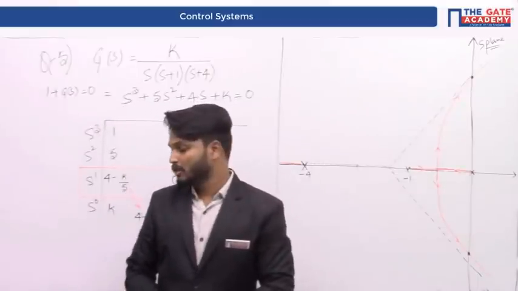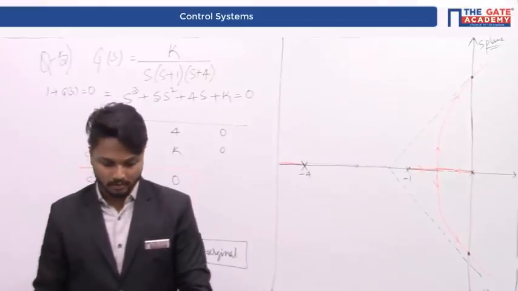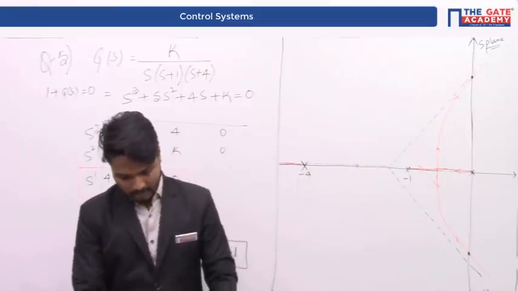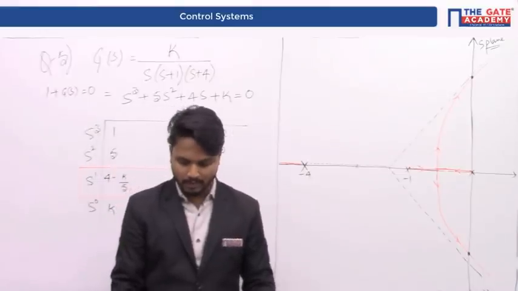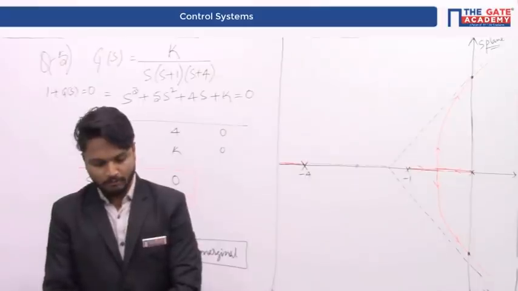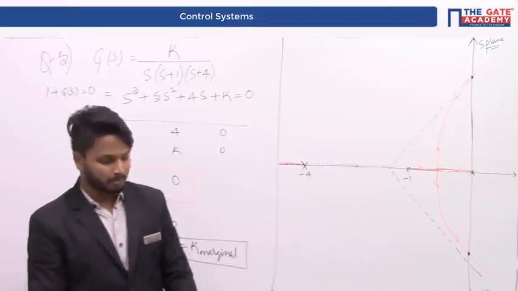So let's look into the second sub question of the given question. That is, if the constant damping ratio line zeta equal to 0.5 intersects the locus at a distance of 1 unit from the origin, find out the value of k at the point of intersection and gain margin.